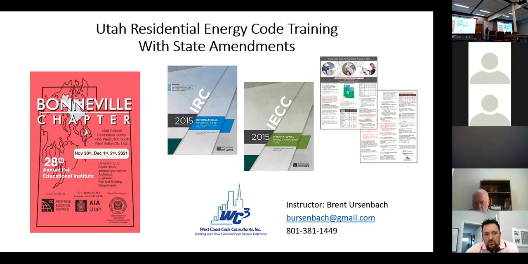The other thing, and some of you might say, oh, I already have this page. This is our quick guide for the residential energy code in Utah. I put this together, and we've modified it and updated it 3 or 4 times now. It's been out since about 2017. This is a good basic guide on the residential energy code in Utah. And how many of you have ever tried to take the state amendments and then go into your code and write pencil marks in your code to try to identify all the amendments?